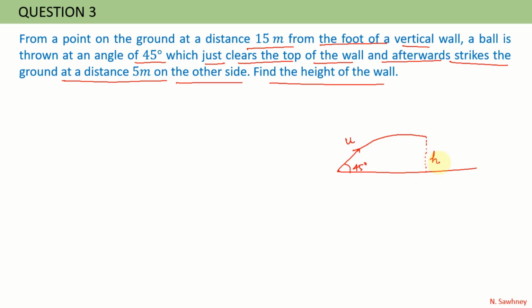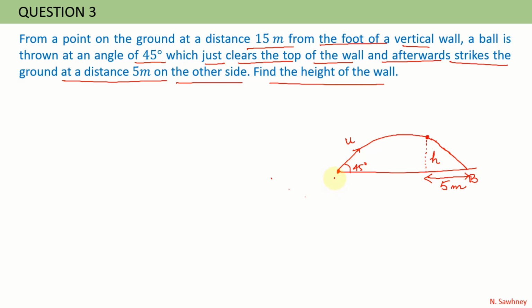Let its height be h. After striking the top of the wall, the ball reaches a point. Let that point be represented by B. That means after striking the top of the wall, the ball covers a horizontal distance of 5 meters.